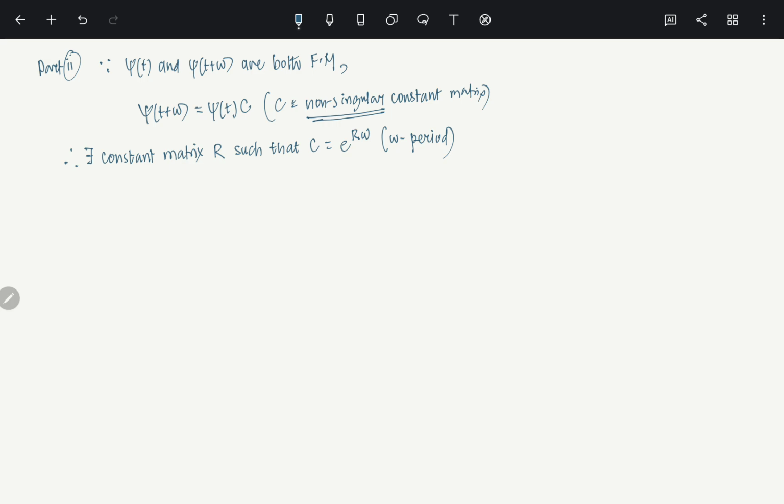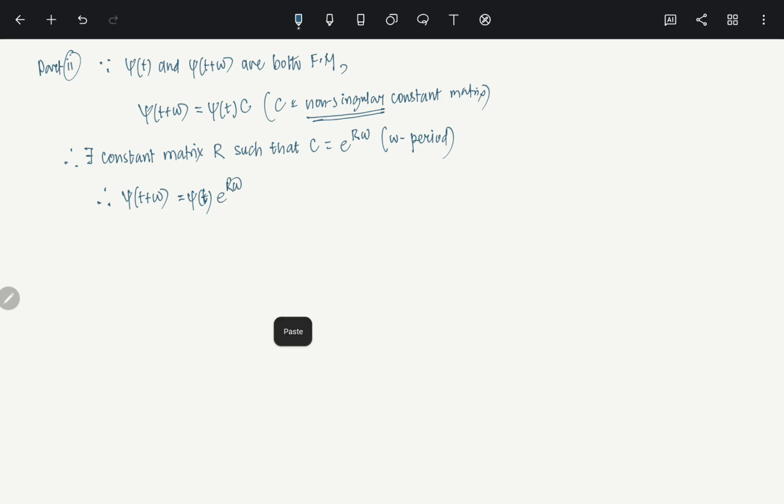So this theorem says that if you have a non-singular matrix, there exists another matrix R such that the non-singular matrix C can be written as the exponential of this given matrix. Now once this is true, phi of t plus W is nothing but phi of t times C, and C is e power RW.